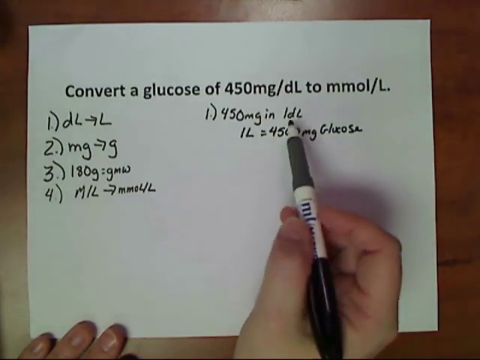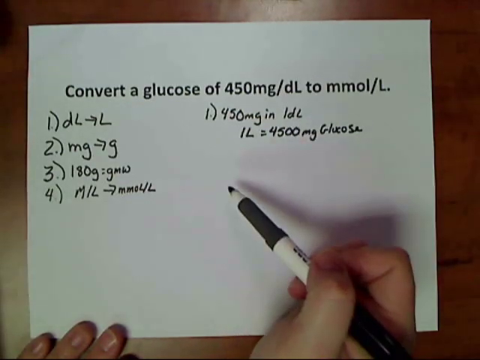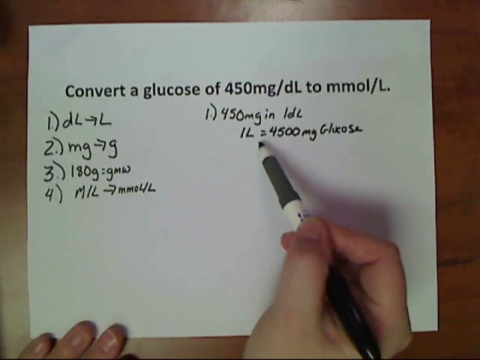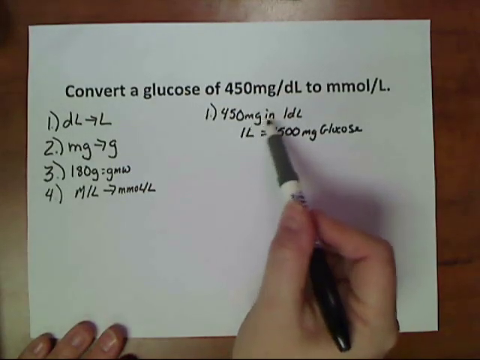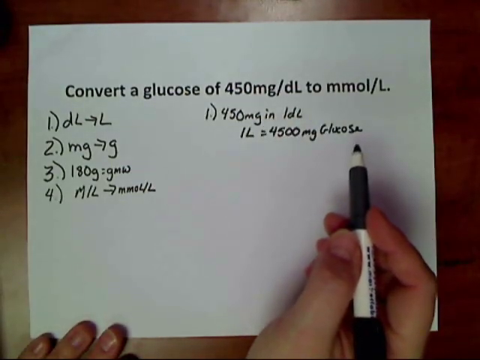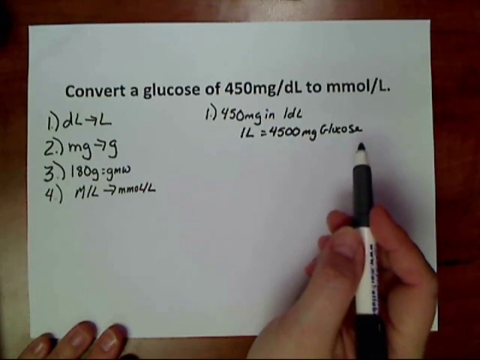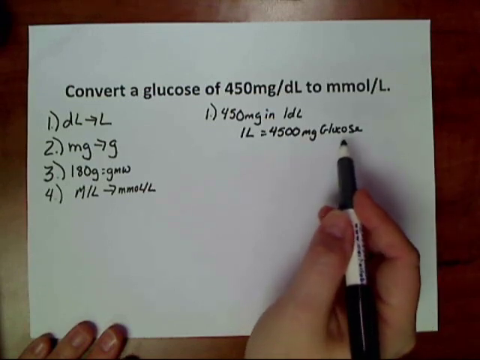All I did was convert deciliters to liters. There are 10 deciliters in 1 liter. So therefore, 450 milligrams is the same as 4,500 milligrams in 1 liter.